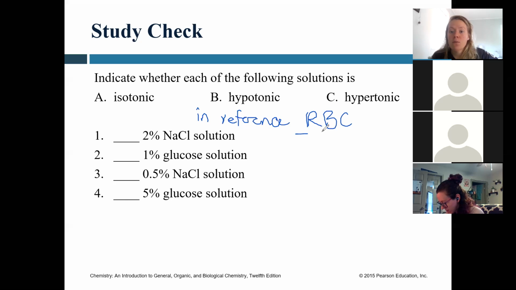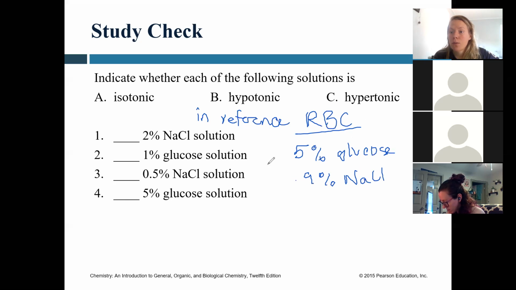Okay, so if it's a red blood cell, we like to have 5% glucose and 0.9% sodium chloride. So if I have a solution that's 2% sodium chloride, is that greater, the same, or less than what we like? In this case, it is greater. It's over twice as much. So we're going to say that this is a hypertonic solution, C, too much salt in the solution.